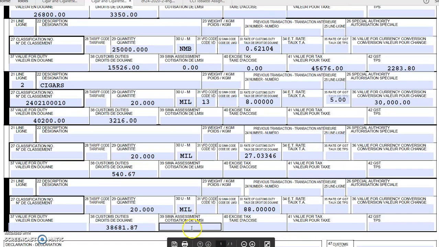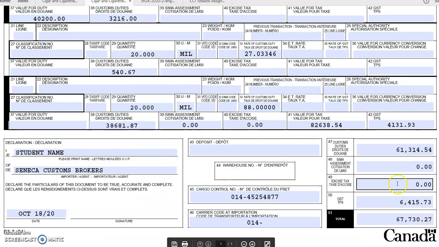Okay. The special assessment 0, excise tax is 0. The value for tax is this value for duty plus the customs duty and the 2 excise duties. And the 4 of them added together is 82,638.54. And then that times 5% is 4,131.93. Okay.